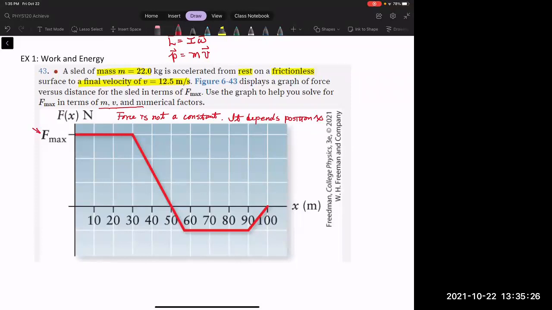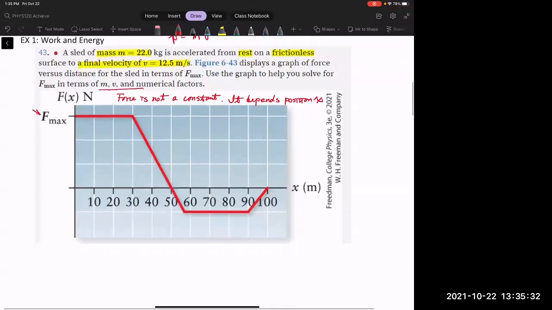So how do we approach this problem? If you have a force and you move along a distance, x represents the position. You start from 0 and then apply a force. This force is a constant force for the first 30 meters.